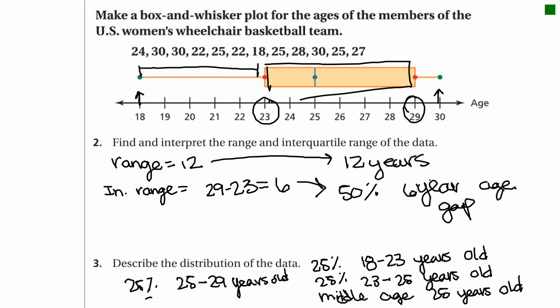And then last but not least, 25% of the data is from 29 to 30 years old. You could also tell me that the youngest age is 18 and the oldest age is 30. These are good examples of how to describe the distribution of data.